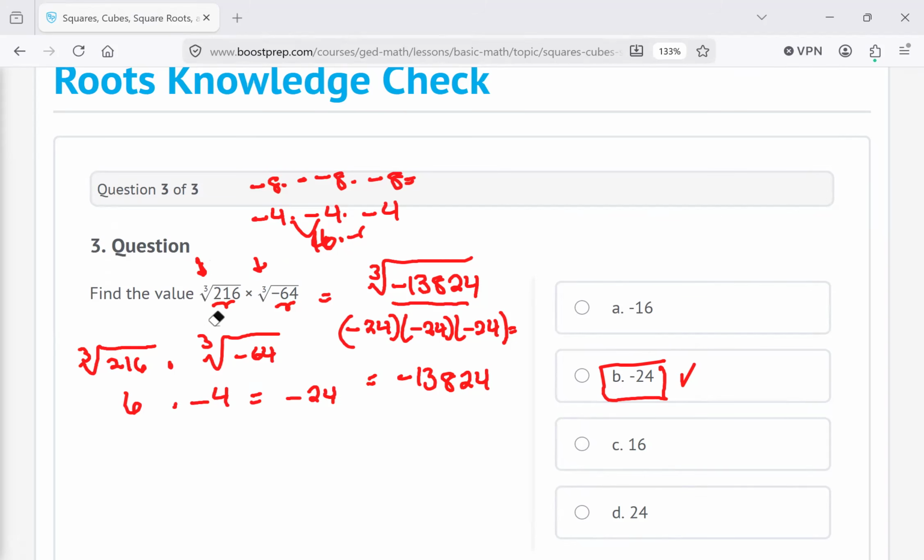Or you could do it individually and then multiply the two numbers together. The cube root of 216 is 6 because 6 times 6 times 6 is 216, and the cube root of negative 64 is negative 4 times negative 4 times negative 4. Then you multiply these two numbers. I hope that makes sense.